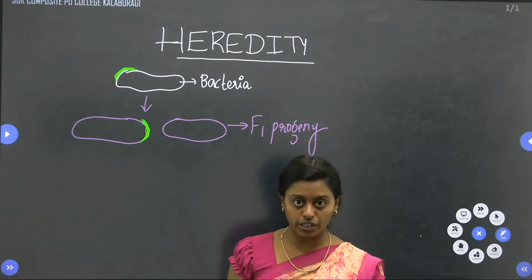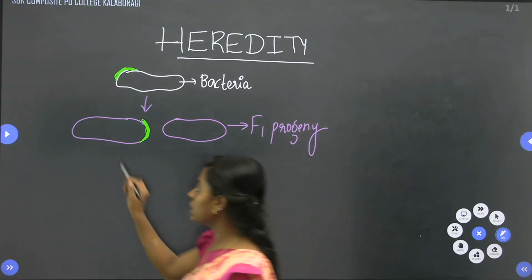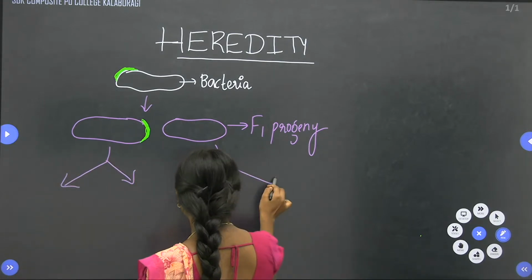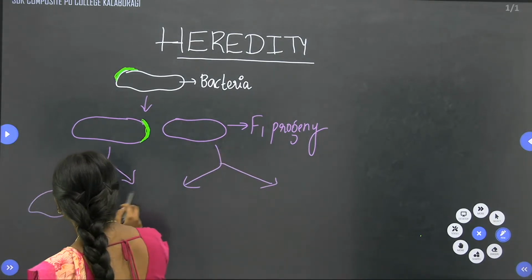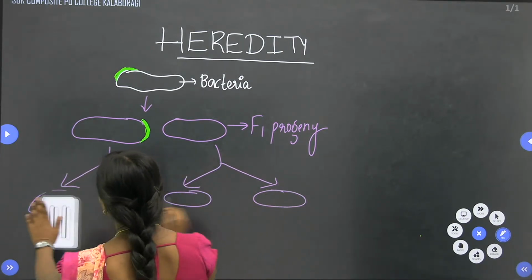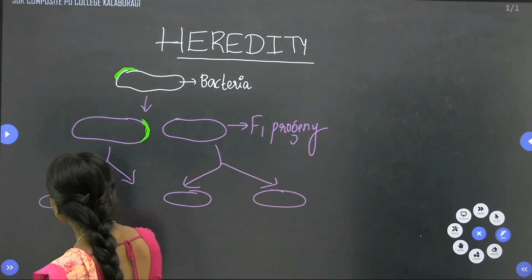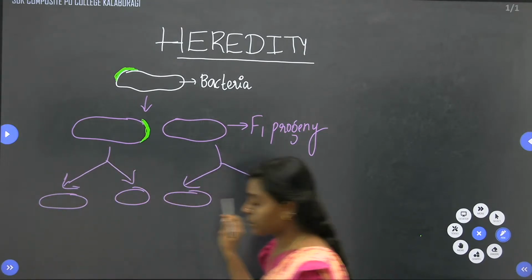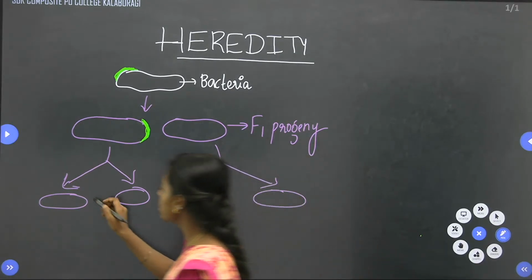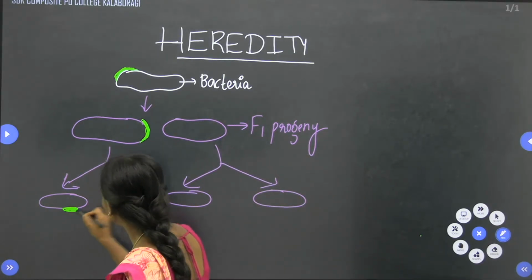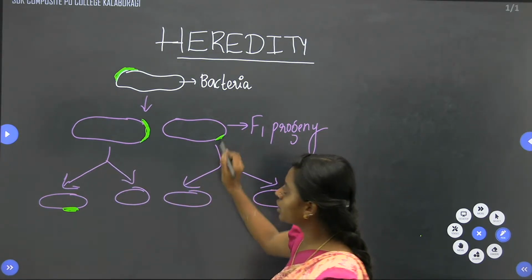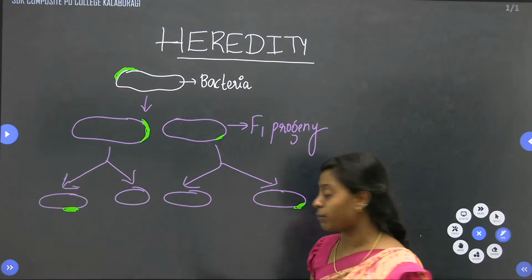If each bacterium again undergoes further reproduction, we can observe that the outline of the progeny in any generation is the same.